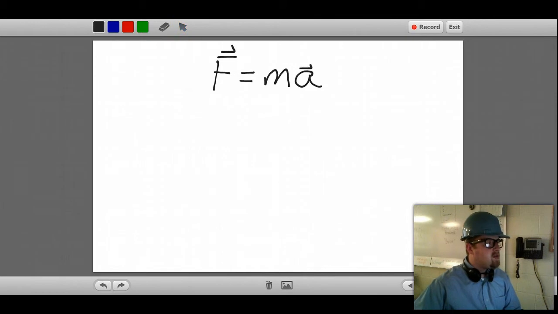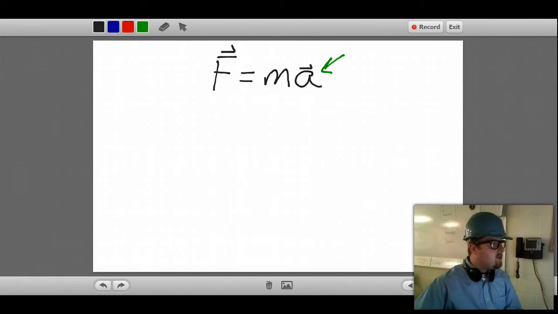So the first thing we need to do is look at this variable, acceleration, and replace it. We're not going to replace it with something entirely different, but with variables that represent acceleration, just not as blatantly obvious.